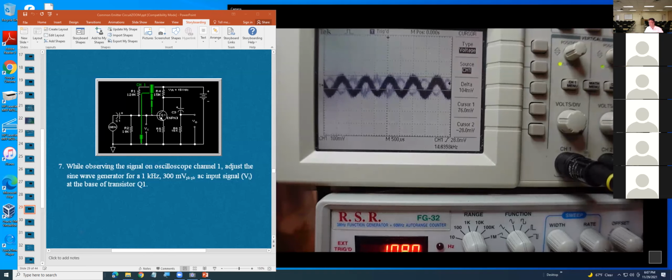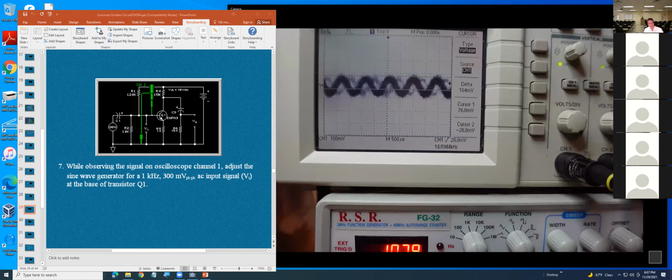So again, if you need a small voltage, then the generator cannot do it. You must connect the generator output to the attenuator circuitry, then connect the output of the attenuator into your circuitry.